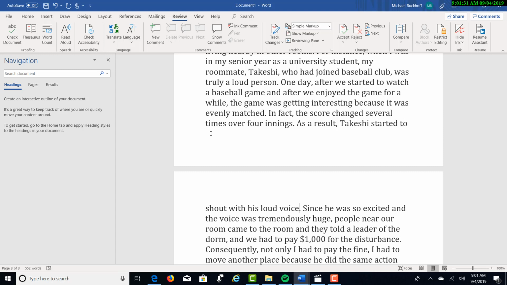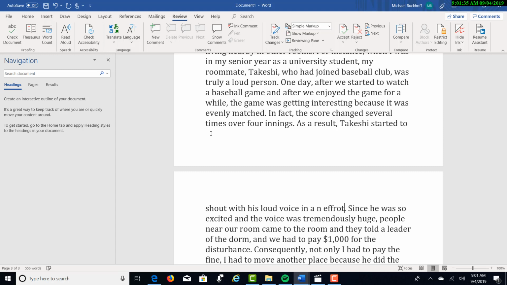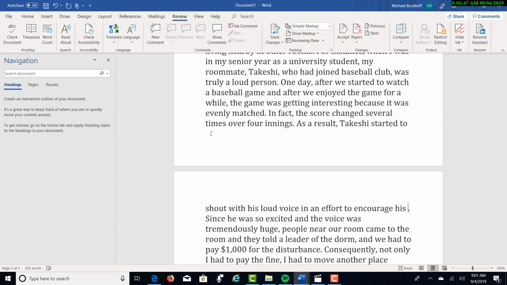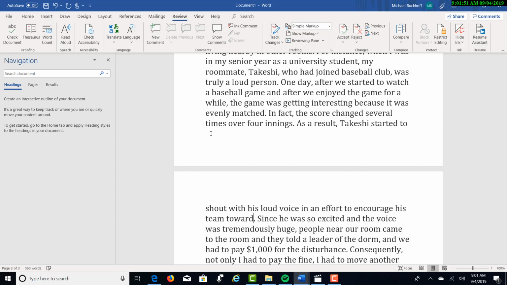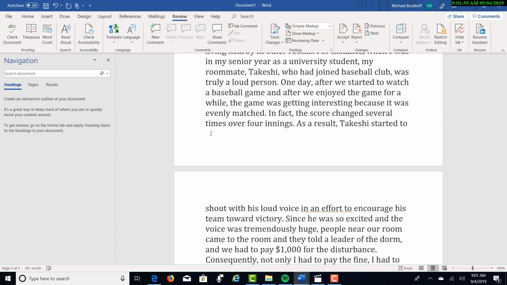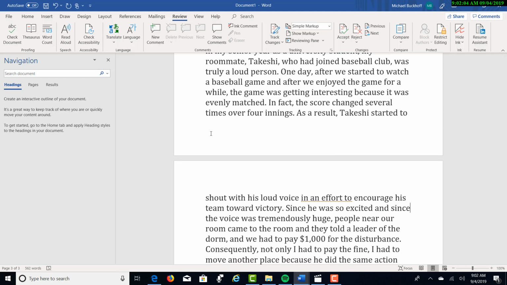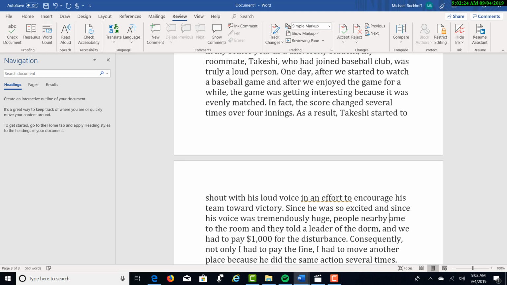"He started to shout with his loud voice in an effort to encourage toward victory. Since he was so excited, and since his voice was tremendously huge, people near our room," how about "people nearby," I was repeating "the room" too many times there.